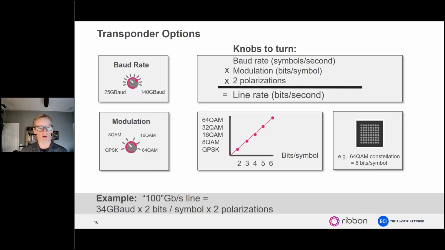And it creates sort of a pattern. Well, it's a little complicated to explain, but you get this thing called a constellation. So for example, this pattern on the right-hand side is what's called a 64 QAM constellation. You're transmitting 6 bits for every symbol of modulated light that's going downstream.